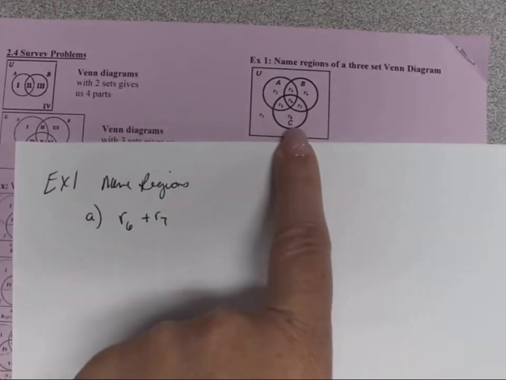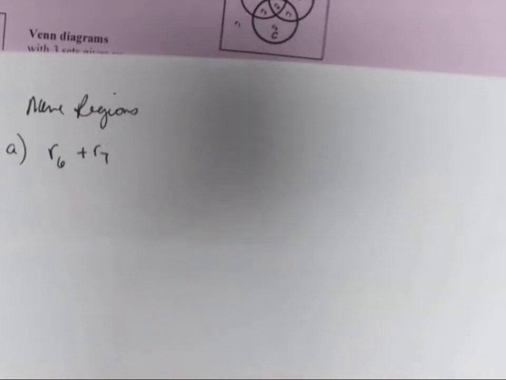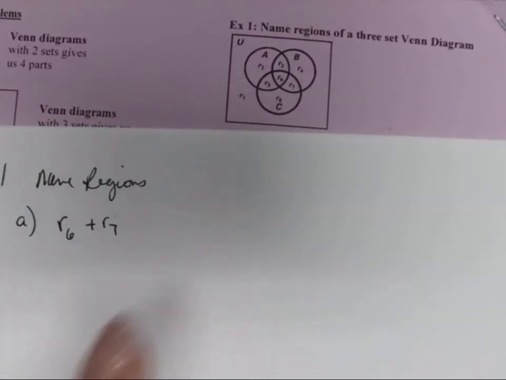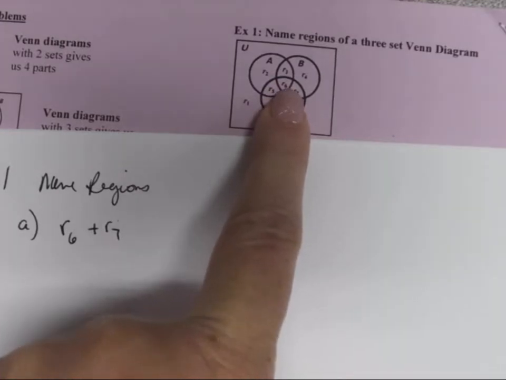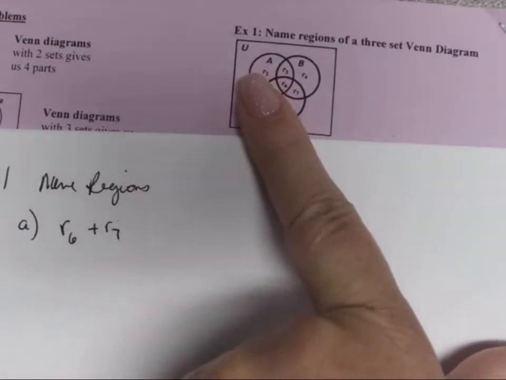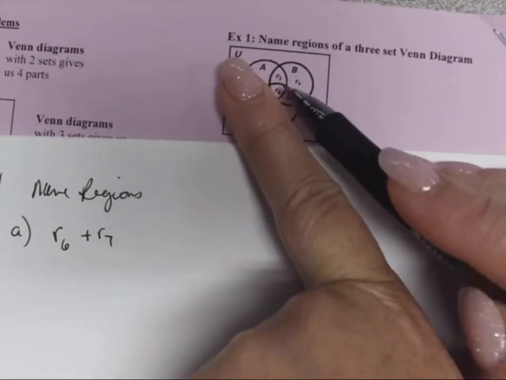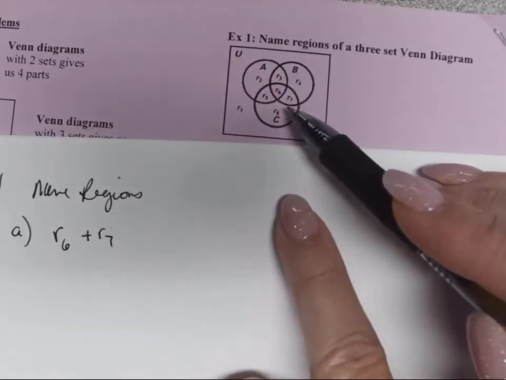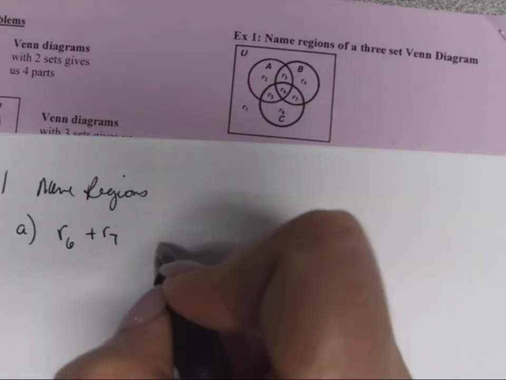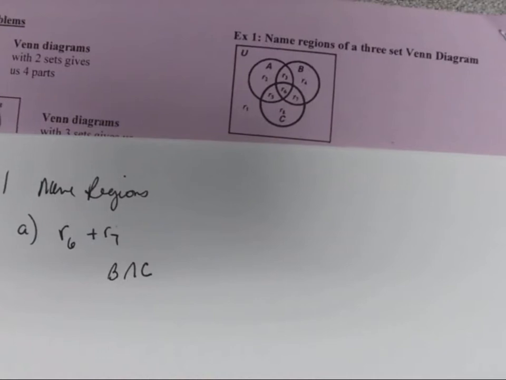So looking on our diagram, R6 is this part right here, and R7 is this one here. So this area right here is the area that intersects between B and C. So this would be the B intersect C region.